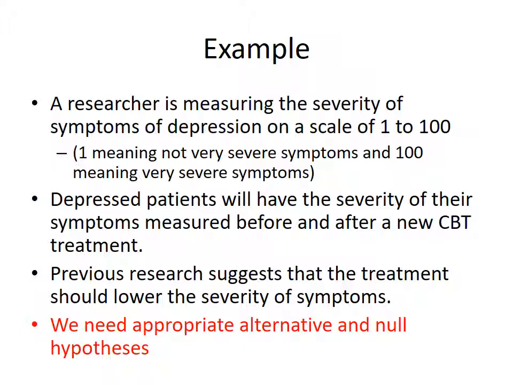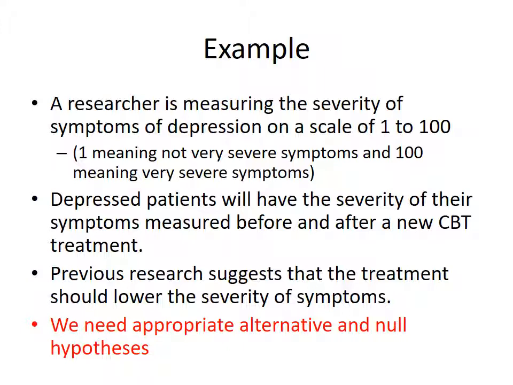Okay, that's what we're measuring. It's our DV. Now, depressed patients will have the severity of the symptoms measured before having a new form of CBT treatment and after having a new form of CBT treatment. Okay, and previous research suggests that the new treatment should lower the severity of symptoms.